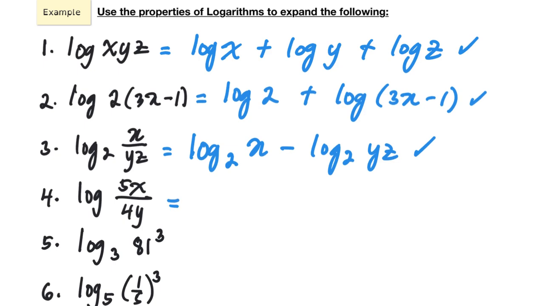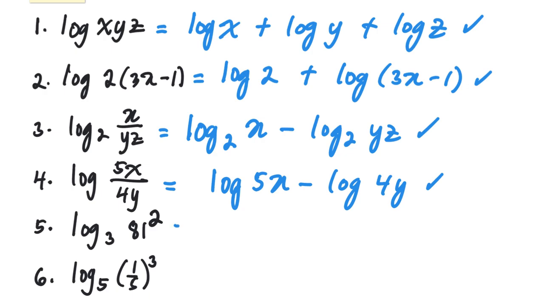Number 4 is going to be the same approach. The logarithm of 5x minus the logarithm of 4y. Okay, so this is going to be log base 3 of 81 raised to 2. It's a power property, so we're going to put the power in front. So it's going to be 2 times the logarithm base 3 of 81.